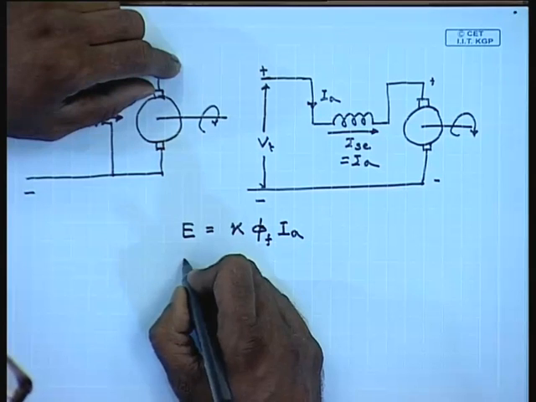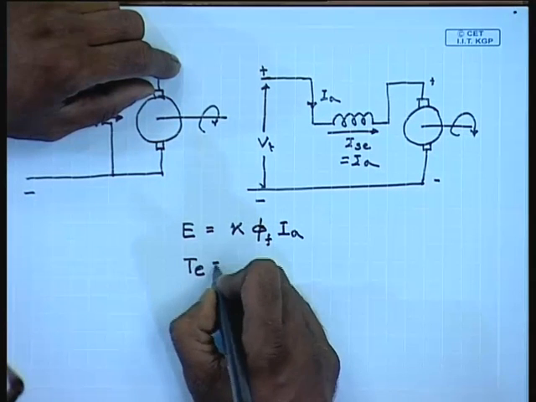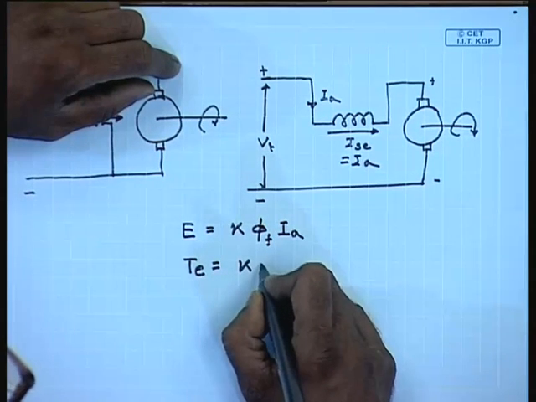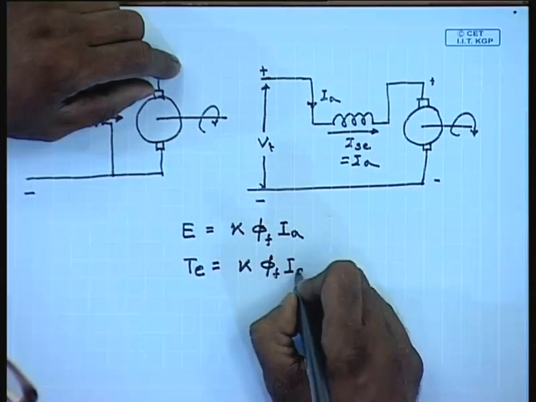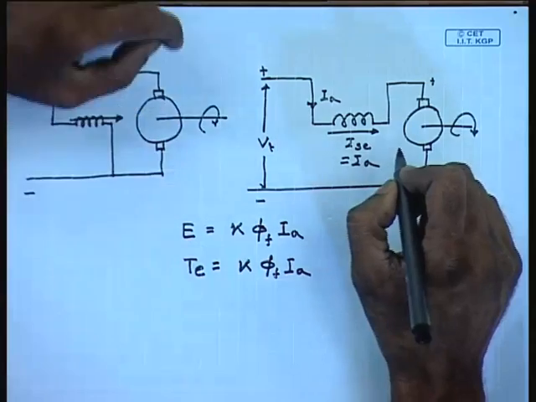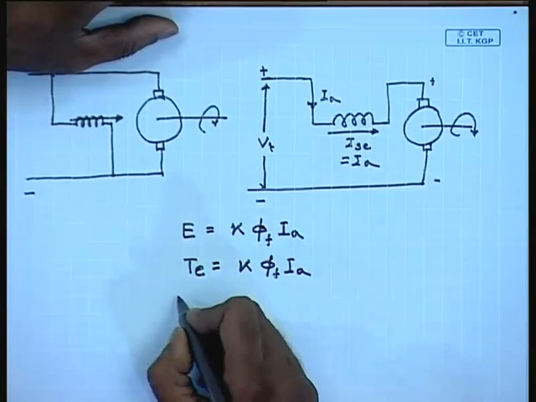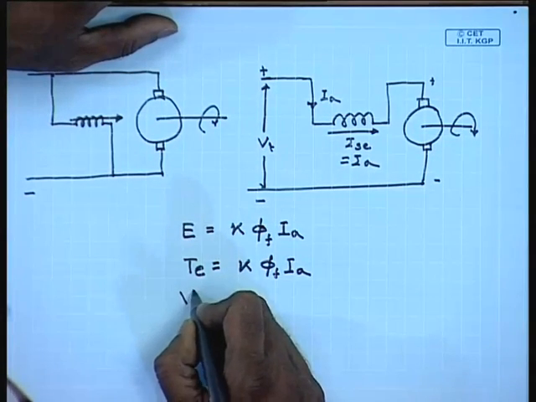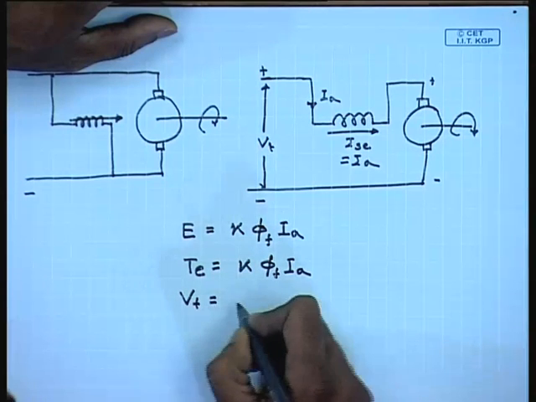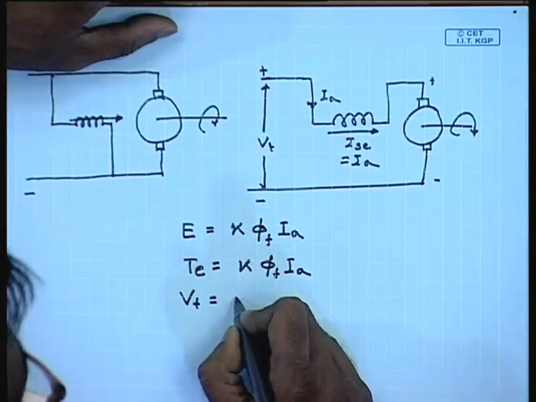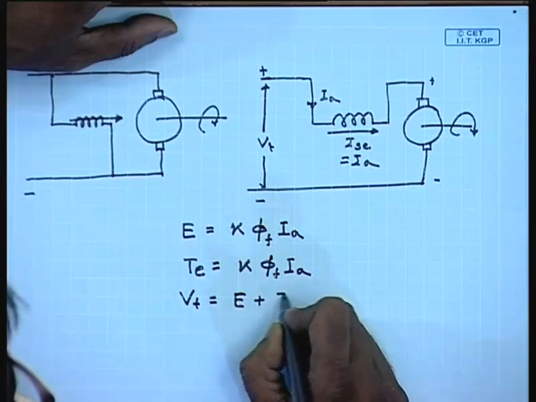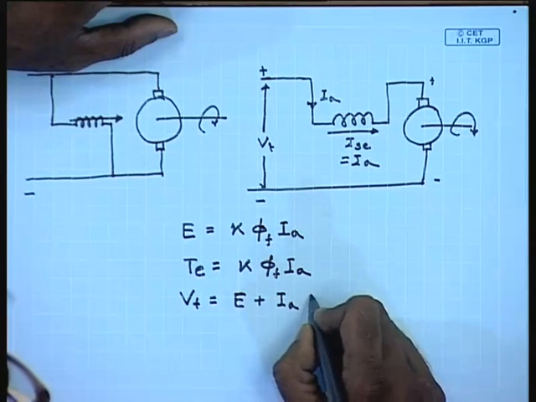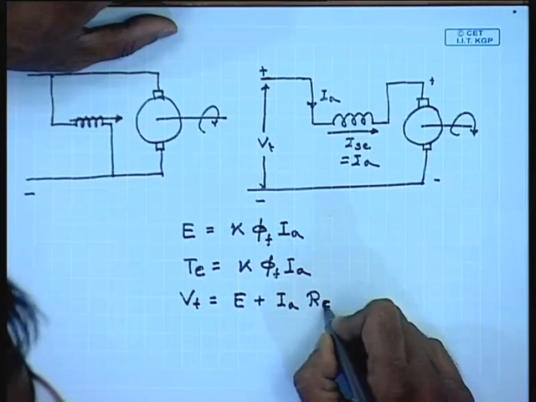Similarly, the generated torque T_e is the same K into the same field flux into I_A, and of course, the terminal equation V_T equal to E plus I_A into R_A total.